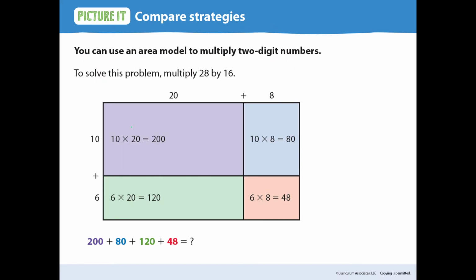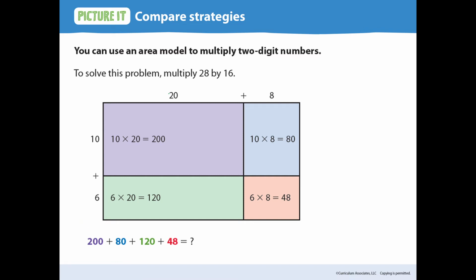So here are some strategies that you can use to solve this problem. One way you could have solved this is by using an area model to multiply two-digit numbers. So we were multiplying 28 by 16. And so what we can do is break these numbers up according to their place values.